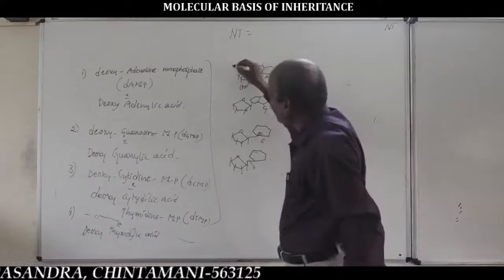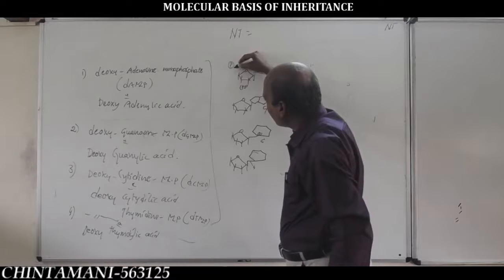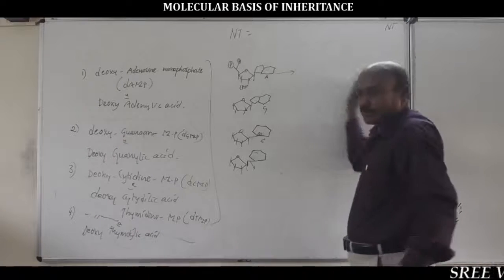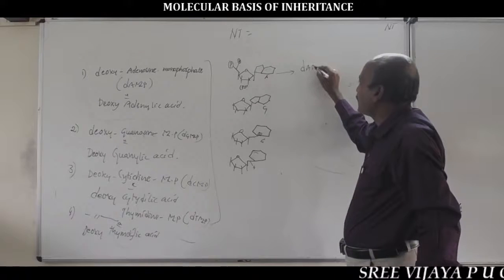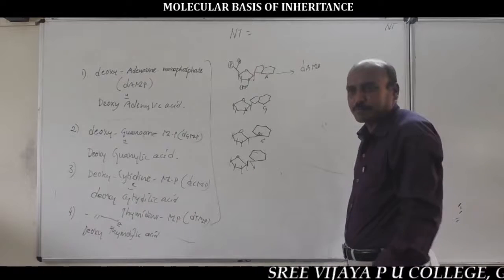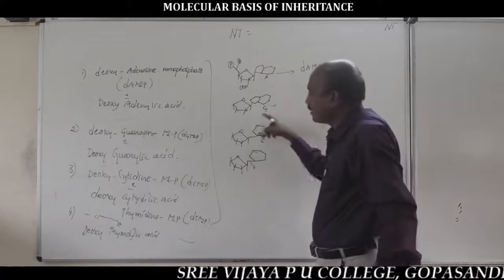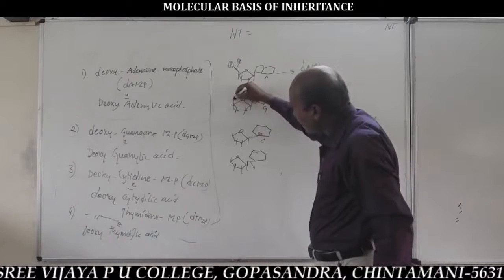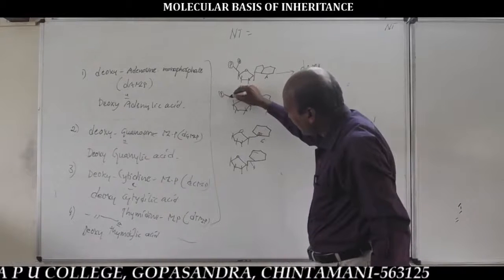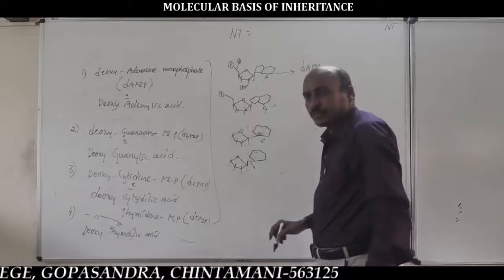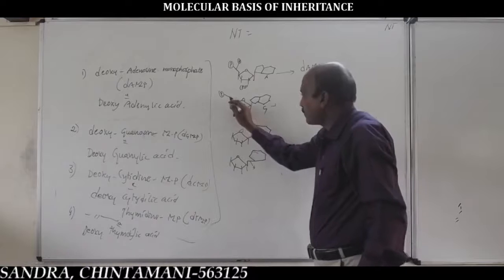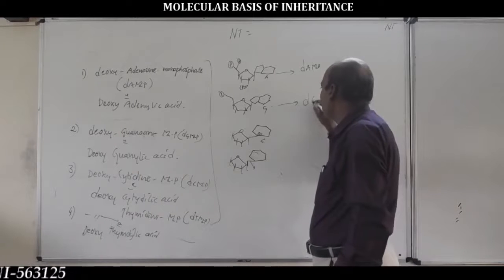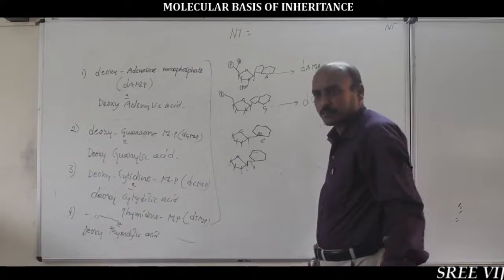To this nucleoside, the phosphate group binds to the 5th carbon atom through a phosphoester bond to form a type of nucleotide, DAMP, deoxyadenosine monophosphate. And this is deoxyguanosine. To this nucleoside, orthophosphoric acid, simply the phosphate group, binds to the 5th carbon atom through a phosphoester bond to form DGMP, deoxyguanosine monophosphate.